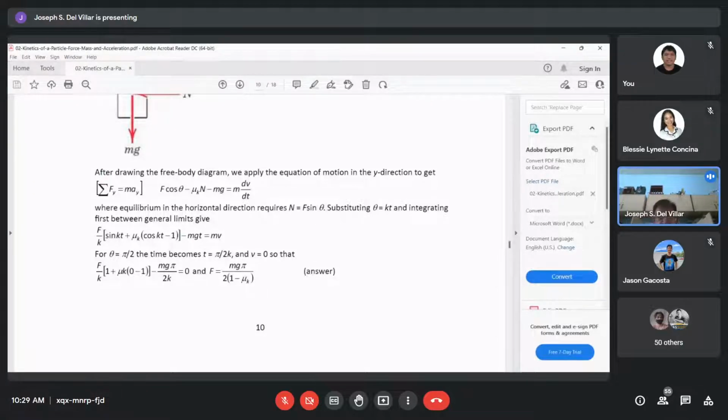Okay, the solution is quite long, no? Kasi applyan nyo kasi ito ng differential and integral.